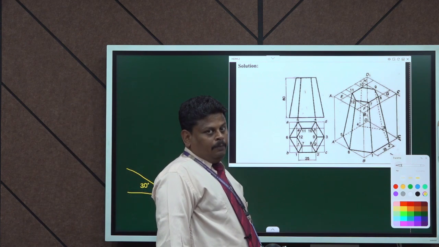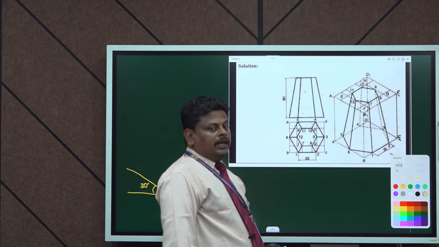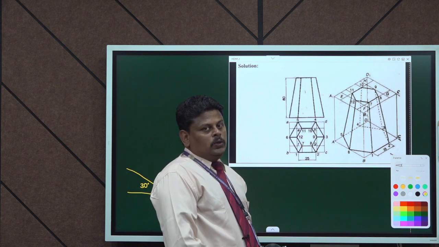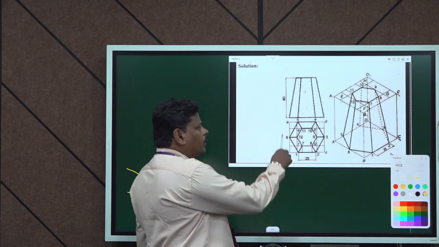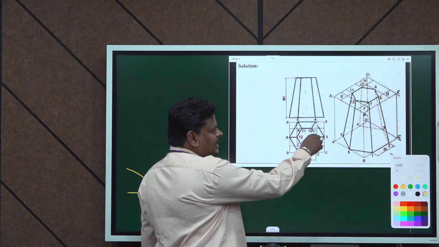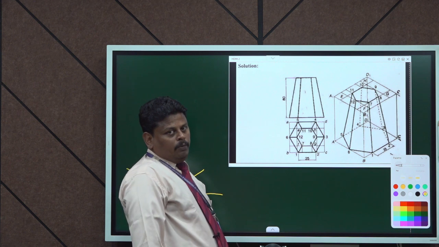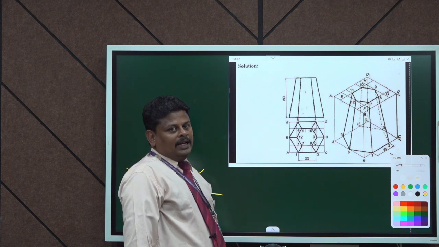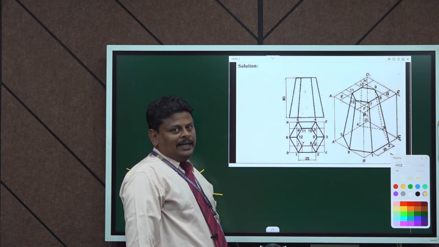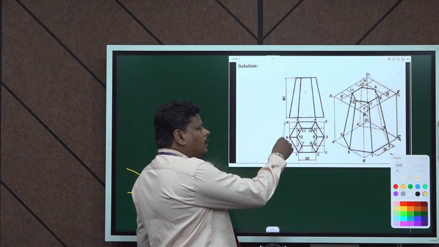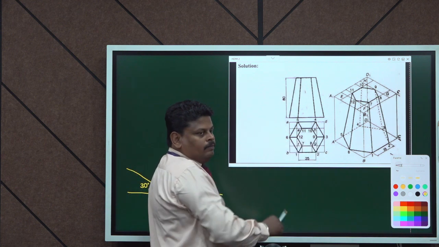Whatever the shape of the solid present in our top view, we always enclose it in a box. Likewise we have enclosed this hexagon shape given in the top view, as this problem is a hexagonal pyramid, so the top view is a hexagon. So now we enclose this hexagon in a box.